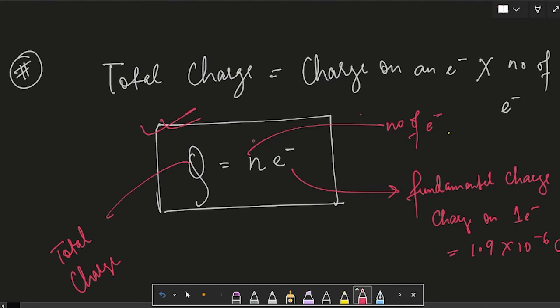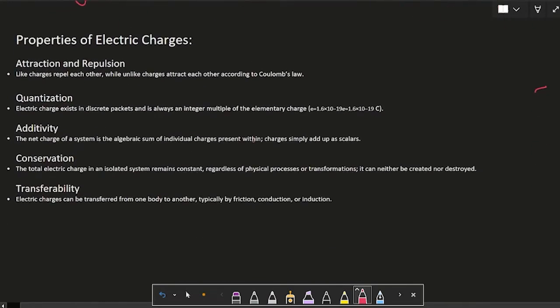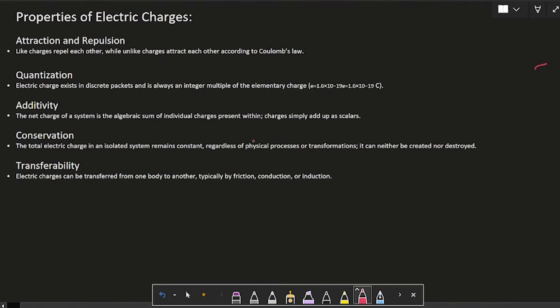Now we are going to discuss the properties of charges. Very important, very easy. The first property is attraction and repulsion. Like charges repel each other, while unlike charges attract each other.